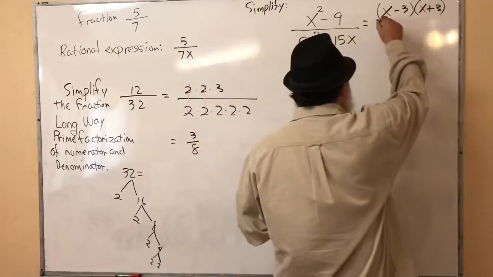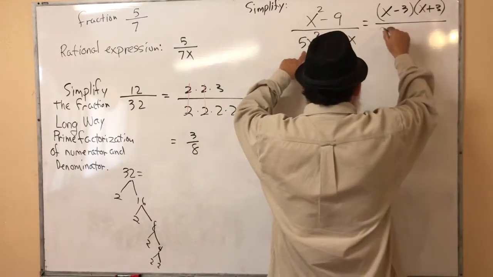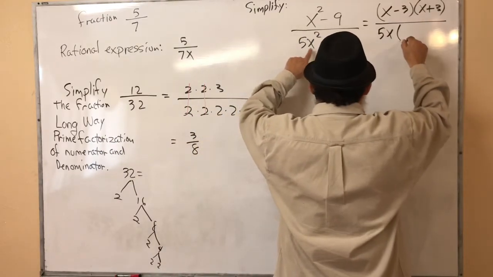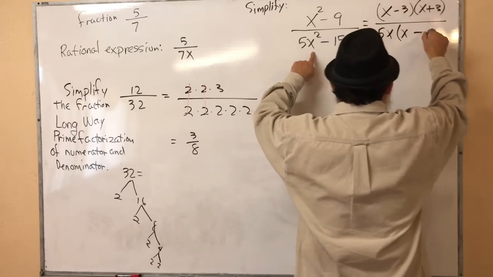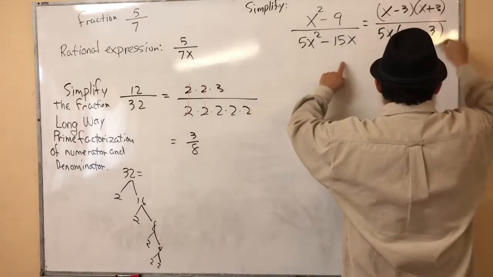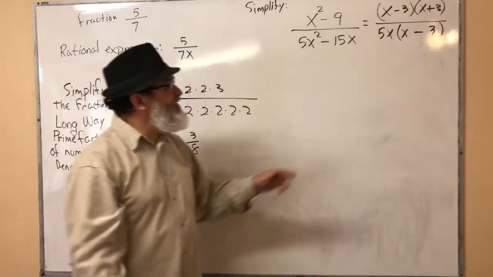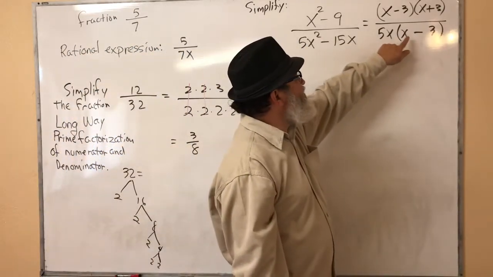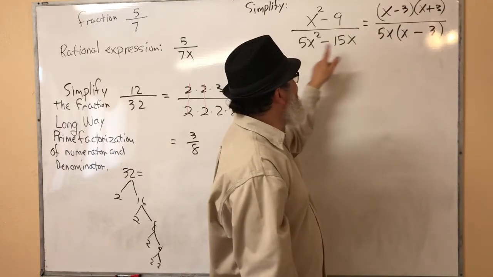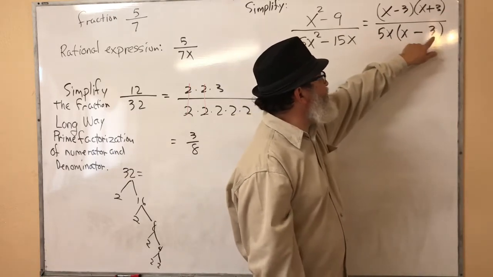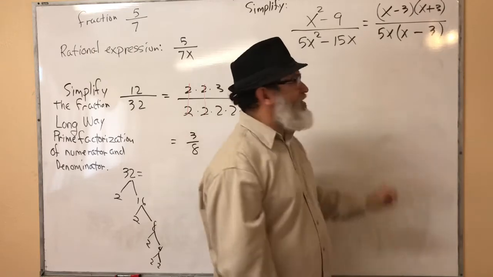So denominator, take out a 5x times x minus 3. Look! 5x times x is 5x squared. 5x times negative 3 is negative 15x.